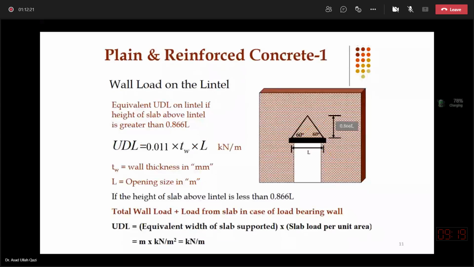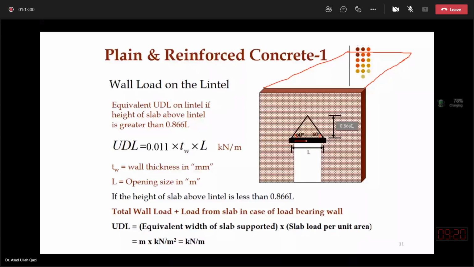Since masonry courses are arranged such that load distribution is at 60°, it is safely assumed that above that small beam I will have to construct a triangle with the interior angle 60°, and within that triangle all the masonry courses weight will be included, which will be subjected to this lintel as the uniformly distributed load.